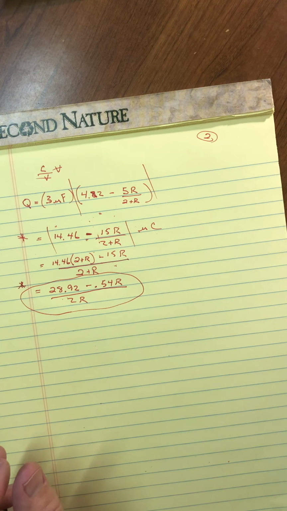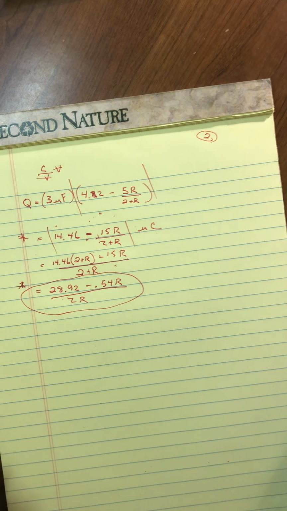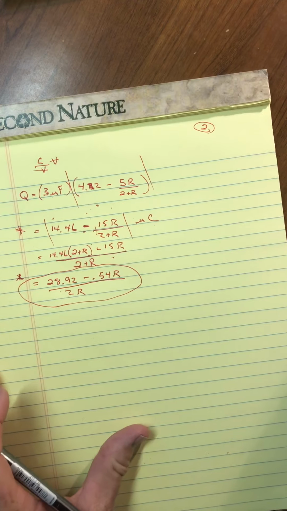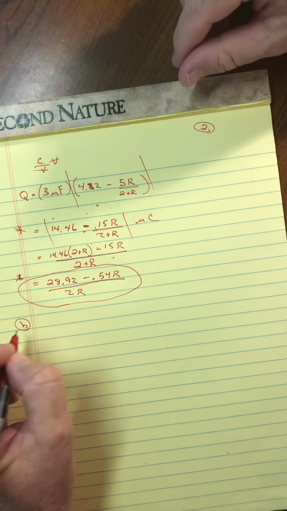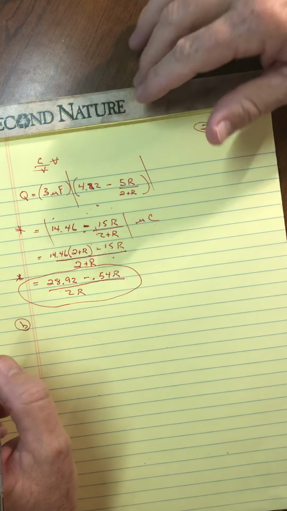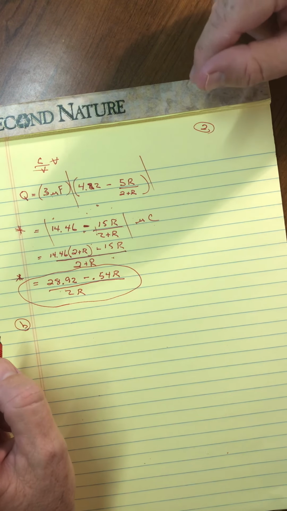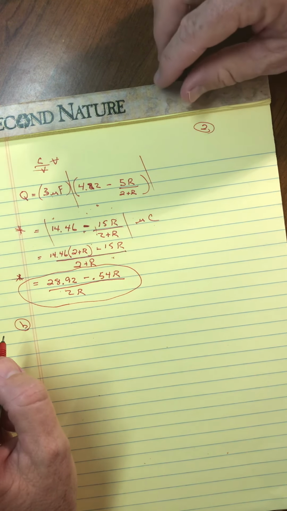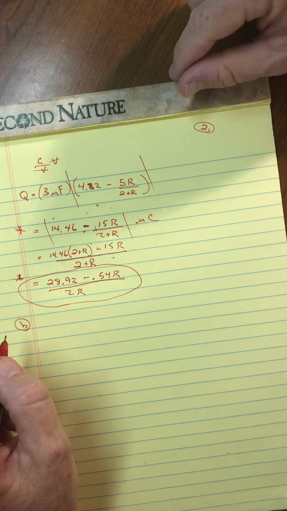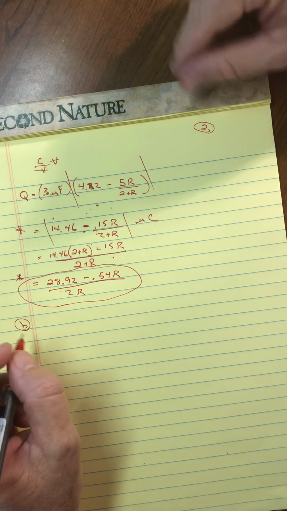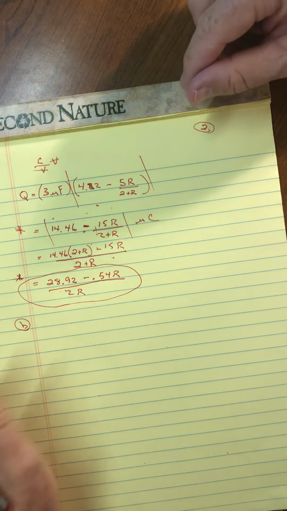All right, let me come back to the question and keep reading it. Okay, so it says B, evaluate the charge when R equals 10. Okay. That's just a straight kind of plug it in and see what I get. Maybe the easiest thing is just to do the math, not really read the math.